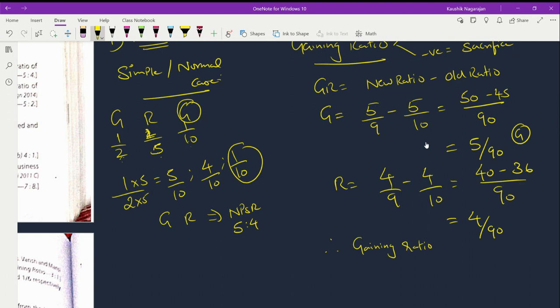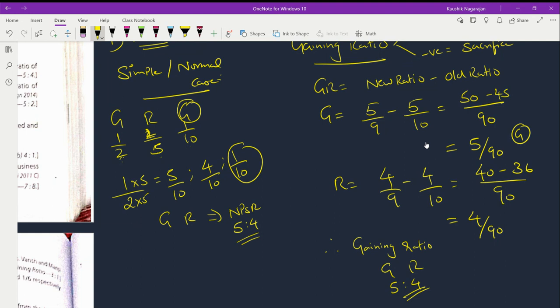So the gaining ratio between G and R comes to 5 is to 4, which means your NPSR and your gaining ratio will always be 100% same when the NPSR is not given in the question, where we are asked to find out and no other information is given with respect to what has happened to the share of the retiring partner.